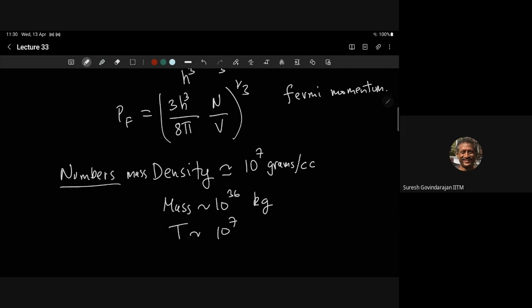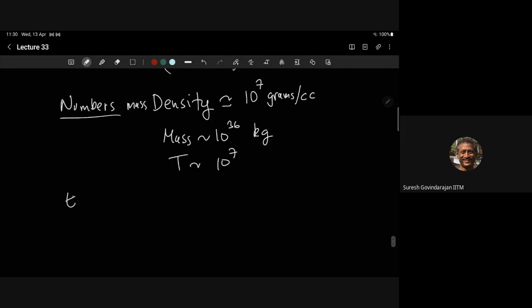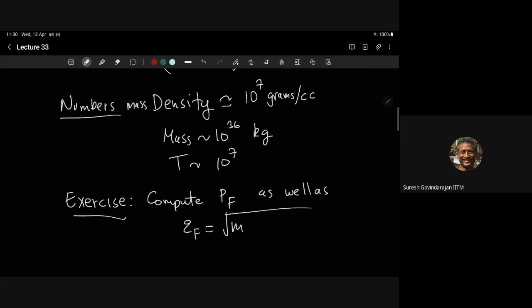So anyway, exercises: compute p_F as well as epsilon_F. You have to convert this to a number density, etc.